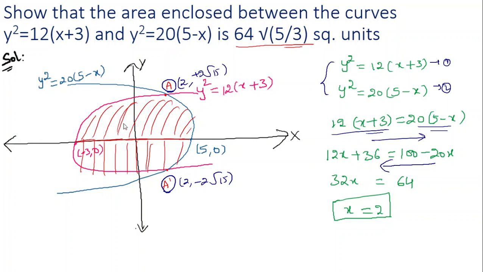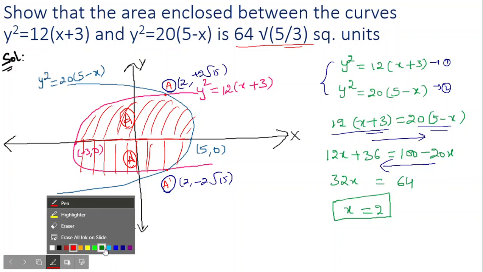Let's call the upper part A and the lower part A dash. So the areas of A and A dash are the same and equal because the figure is symmetric about the x-axis, but it is not symmetric about the y-axis.